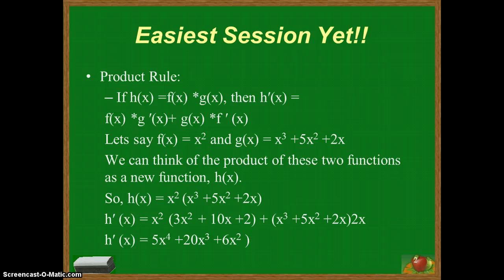H prime of x then would be x squared, the first function, times 3x squared plus 10x plus 2, the derivative of the second function, plus x cubed plus 5x squared plus 2x, the second function, times 2x, the derivative of the first function. Simplifying that, we get h prime of x equals 5x to the fourth plus 20x cubed plus 6x squared. That's all there is to it.